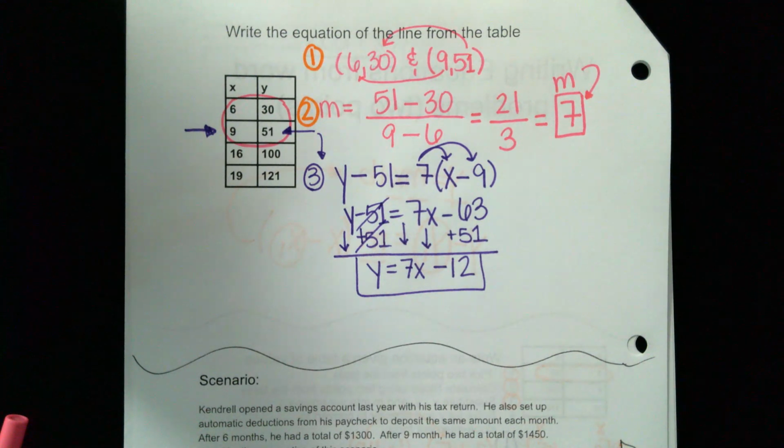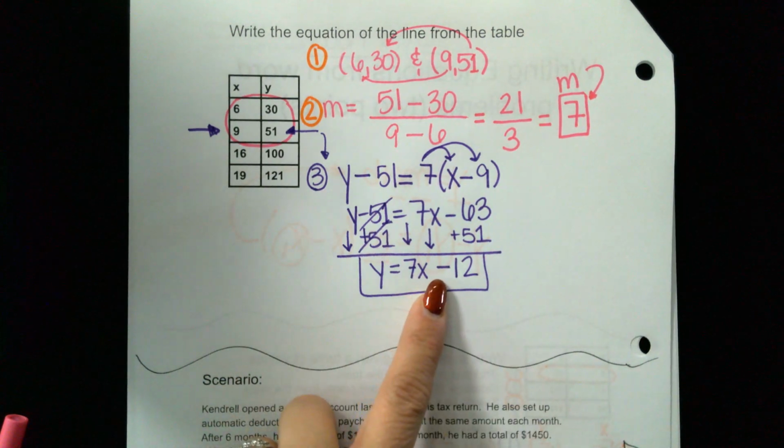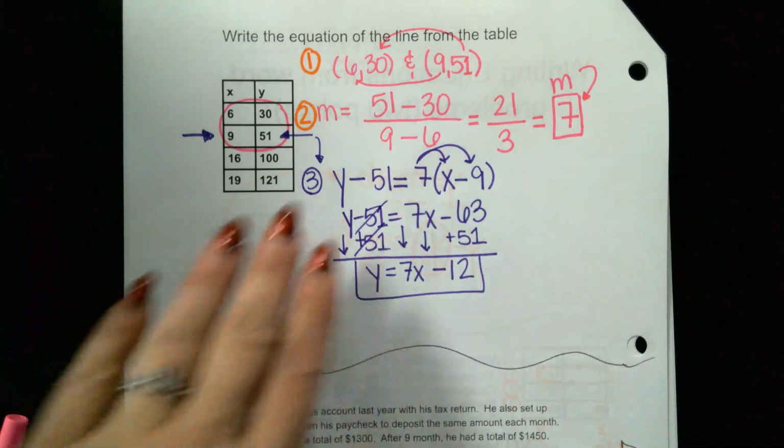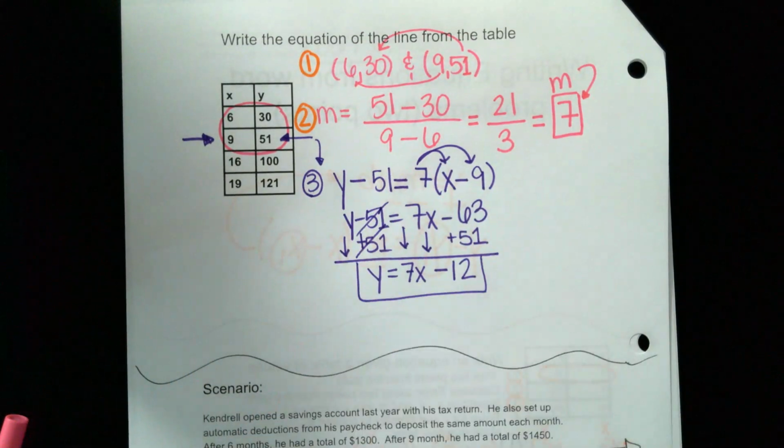My guess is if we did y equals mx plus b, once we found b, we'd still have to write this equation at the end. By using point slope form, as soon as we solve it, we have our answer. We don't have to find b separately and then write the equation like we've been doing on the last several days worth of problems.